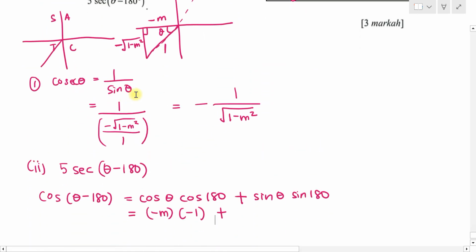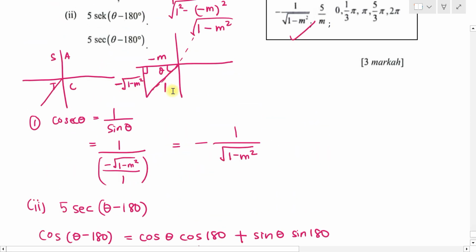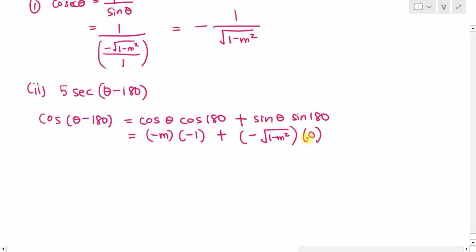Sin theta, just now we found out, is opposite over hypotenuse. So it is negative 1 minus m square over 1. No need to write what? Sin 180. Okay, what is sin 180? We see, it is 0. Okay, 0. So overall the answer is just m. Answer is just m. That's it.